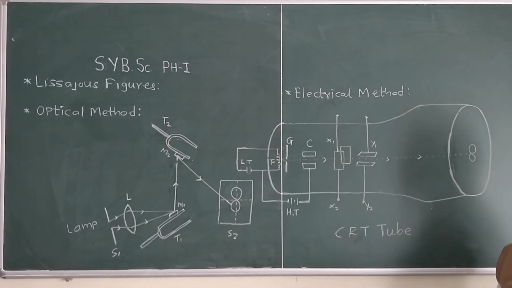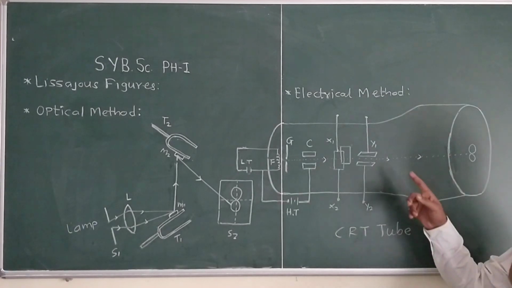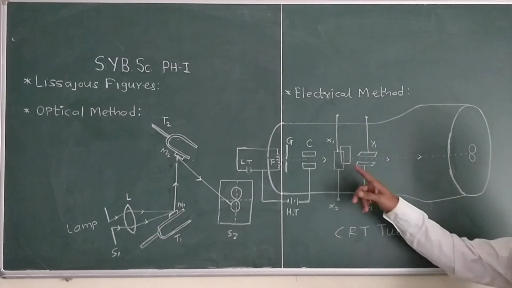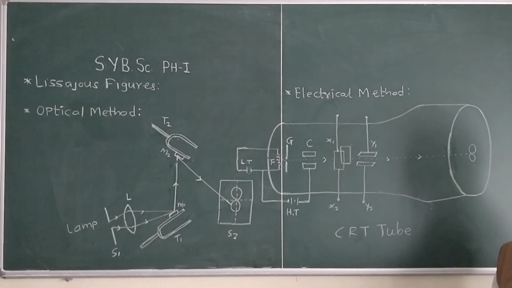When we apply two signals having different frequency, amplitude and phase, then due to these two AC signals, the beam of electrons traces different paths on the screen.